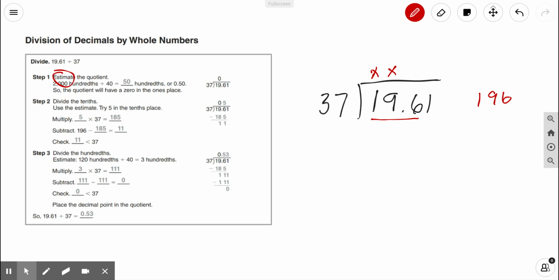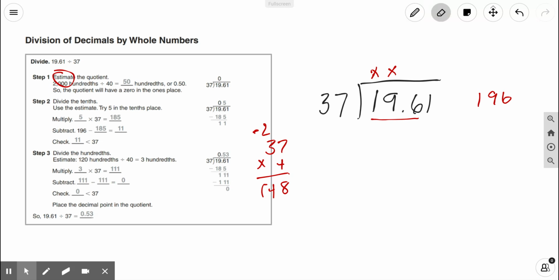That's a little too high. But I know that 37 is a little bit less. I'm actually going to start, just to be safe, with 37 times 4. 4 times 7 is 28. 4 times 3 is 12. Plus 2 is 14. So we have 148, and that's pretty small compared to 196.